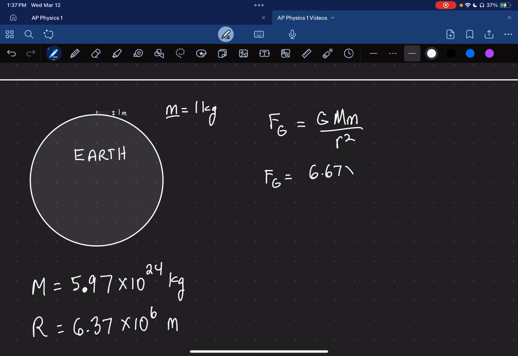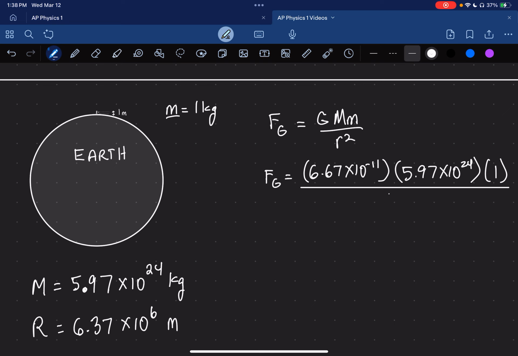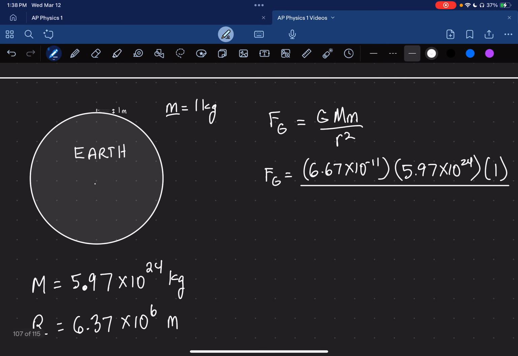This is 6.67 times 10 to the minus 11. Use parentheses. Make a fraction here. Big M is the Earth, 5.97 times 10 to the 24. Little m is your 1 kilogram object. And the distance between them, that is from the center of the Earth to where you're holding that 1 meter above the ground, is essentially the radius of the Earth.